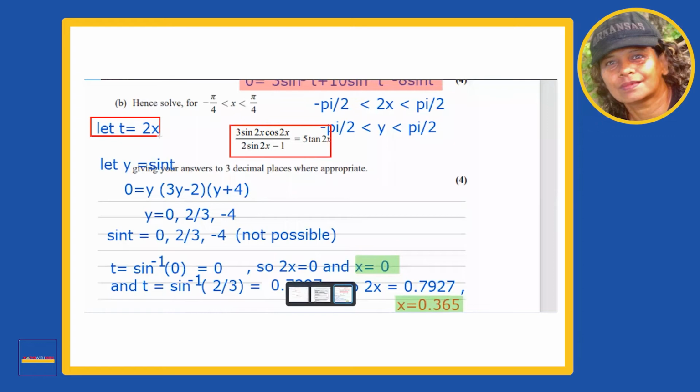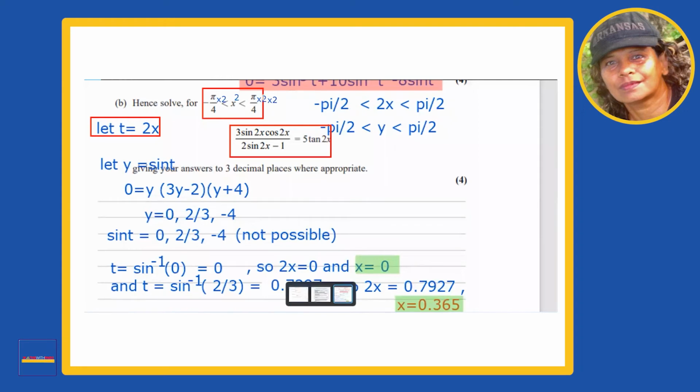Starting with the range that we are given, since x is between minus pi over 4 and pi over 4, we are interested now in 2x. So I multiply everything by 2. Minus pi over 4 times 2 will be minus pi over 2, x times 2 will be 2x, and pi over 4 times 2 is going to give us pi over 2.